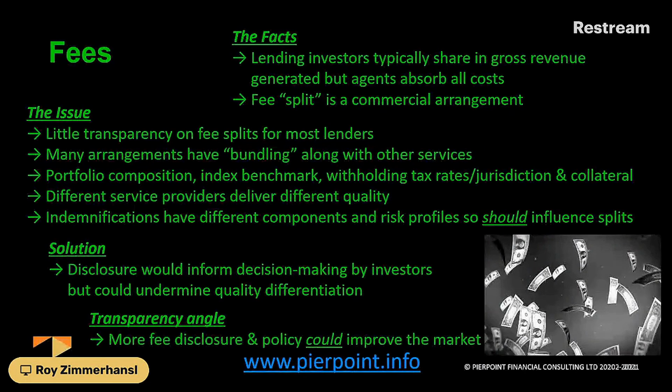Now, of course, disclosure would inform decision making, right? If everyone all of a sudden had to disclose the fee levels that they get from their service providers, then it would be easier to determine where you fit in that spectrum. Of course, does that then trigger a race to the bottom where the service providers say they priced it at a 75-25 split, so 75% to the investor, 25% to the service provider, and another fund gets 80-20?